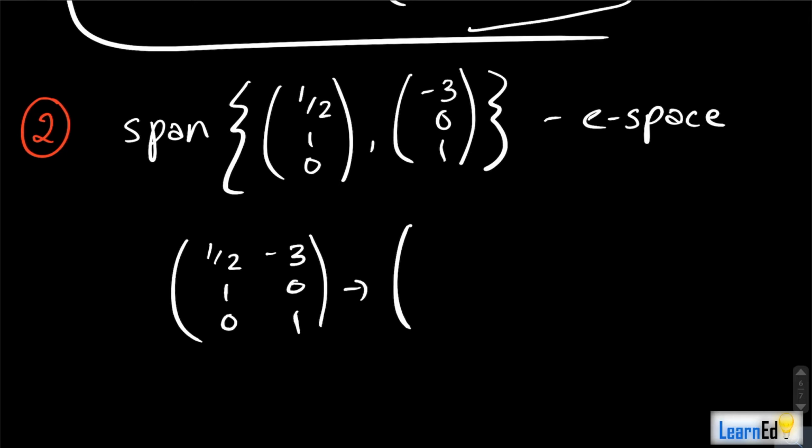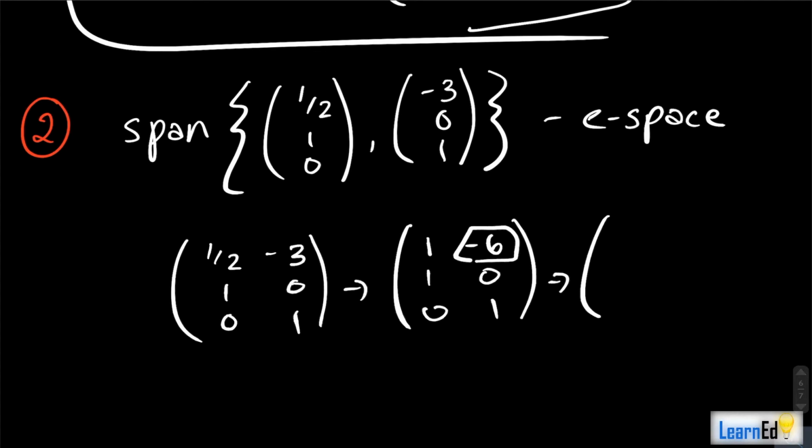And well, what we can do now is just scale up the first row. We can actually zero off this -6 right here relatively easy without any pushback, because this is a 0 value here. So we can use this 1 to zero it off.